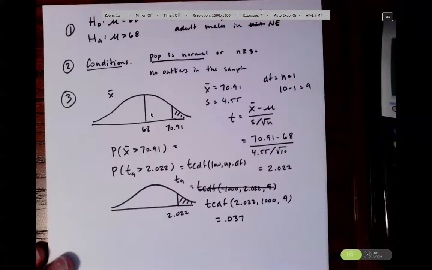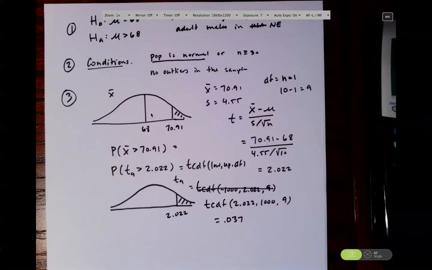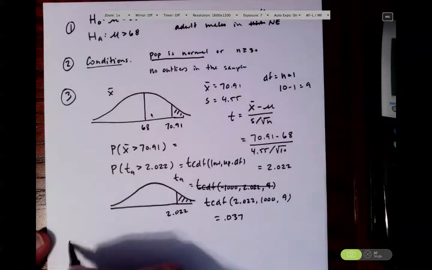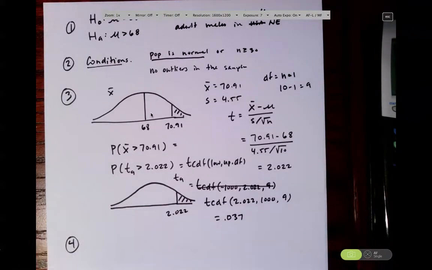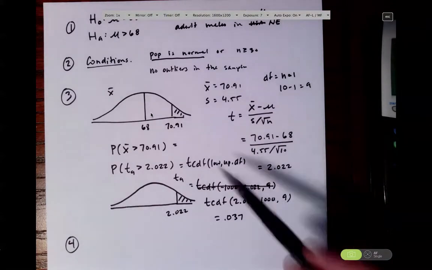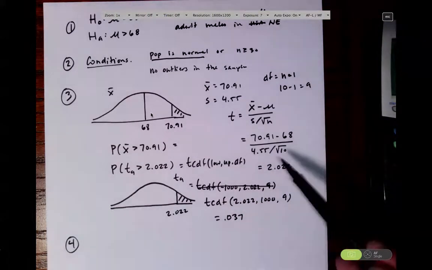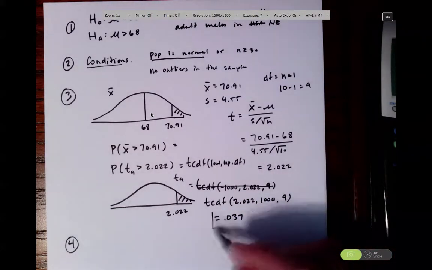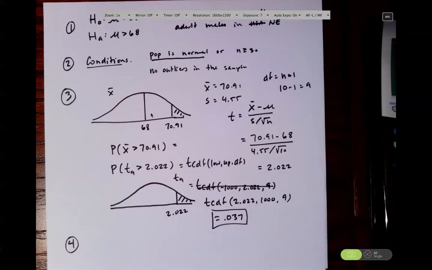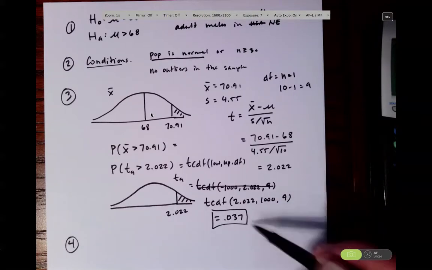Now this is where we really have to make a decision. This is the fourth step. The third step is all the mechanics. This is all about using the t distribution and also using the central limit theorem to come up with this probability. Now, it's important that we were able to understand what this probability is.